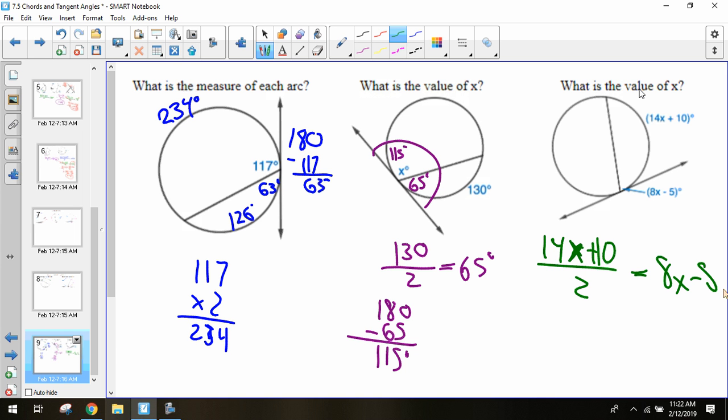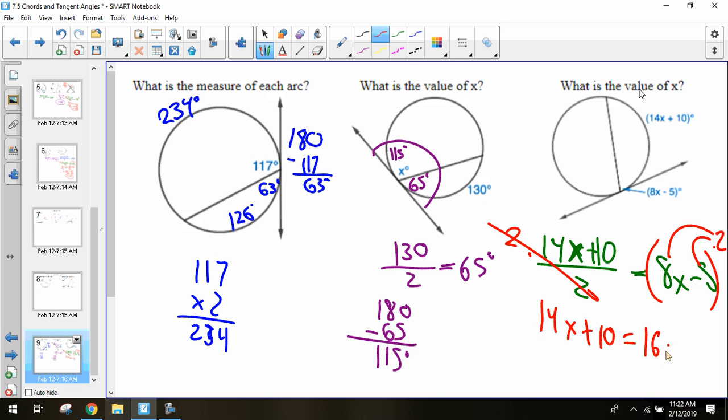Get rid of that denominator, so we're going to multiply by 2. But once again, you're multiplying that entire other side by 2. It's not just the 8x, it's not just the negative 5, we have to multiply everything by 2. So it's like you're distributing it to each of those pieces. We have 14x plus 10 left over on the left side. And then 2 times 8x is 16x. Negative 5 times 2 is negative 10.